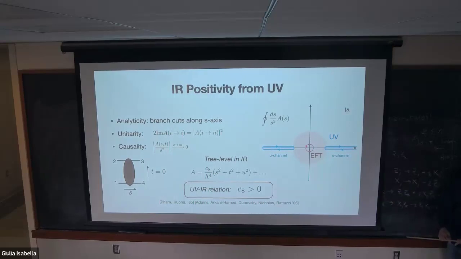I agree with that statement, but I'm just saying these are different bounds, right? They're different statements coming from different assumptions, so I'm not trying to cross-examine between these results. I mean, analyticity is also true for the EFT. You also have like the upper half plane to be, what's that?